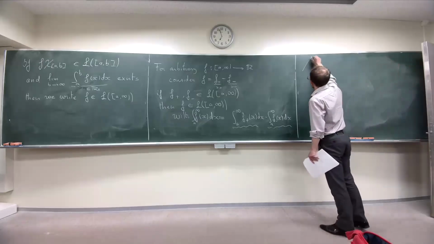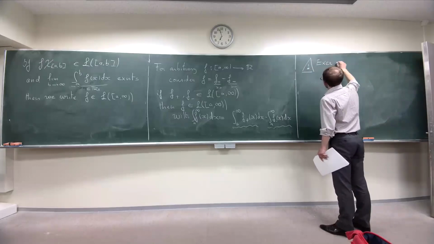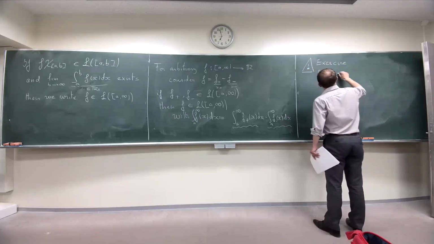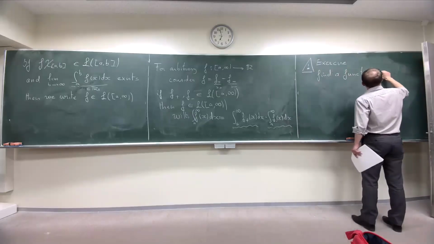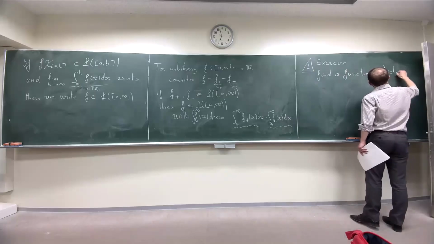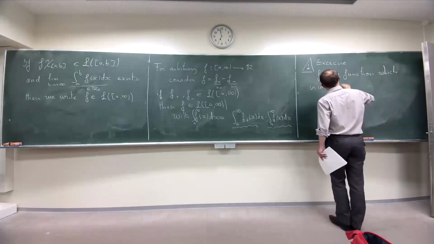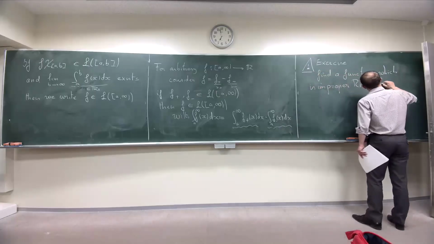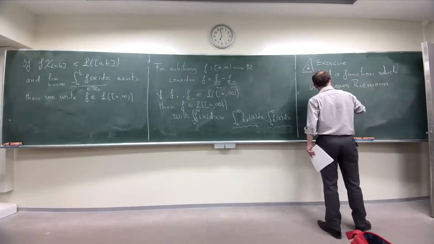Now, be careful, and this is an exercise. Don't say anything. Find a function which is improper Riemann integrable. So you need to know exactly what it is.